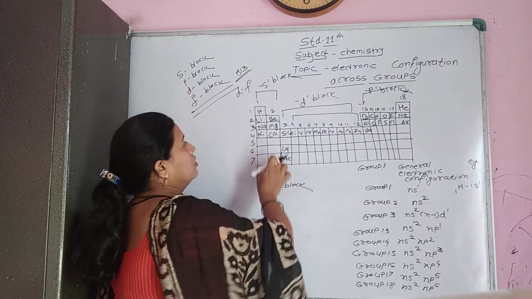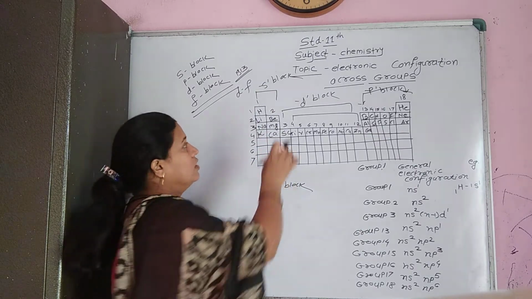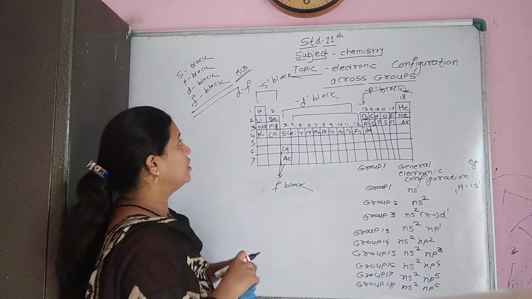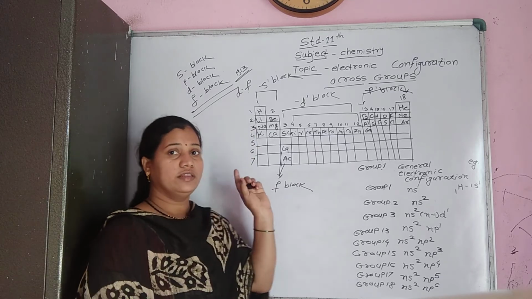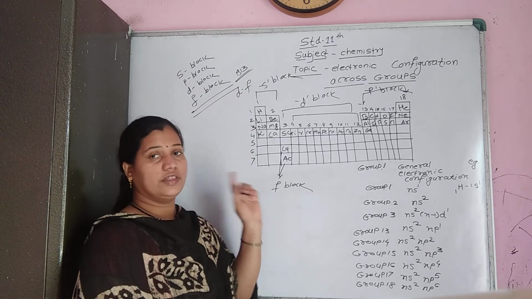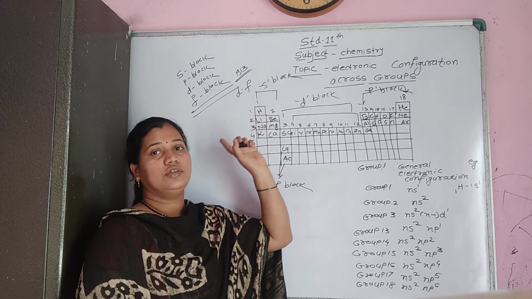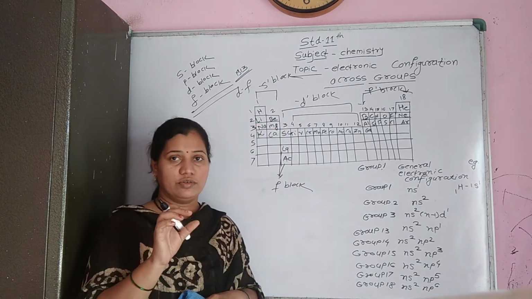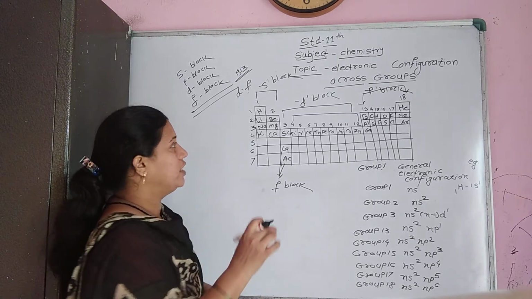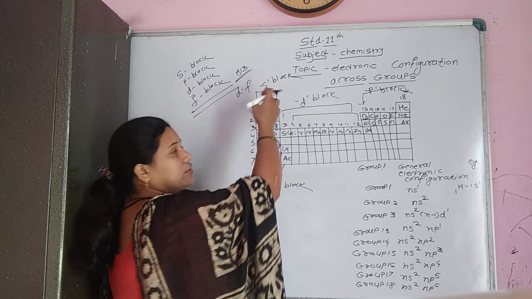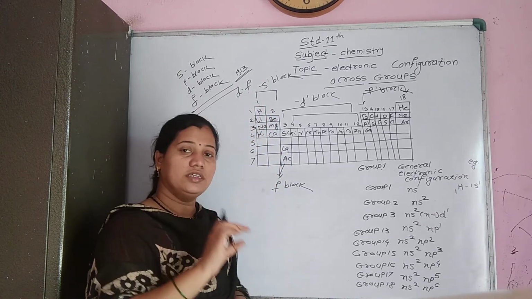For the s block, when we write down the electronic configuration and find that the last electron enters the s subshell, then these elements are present in the s block.